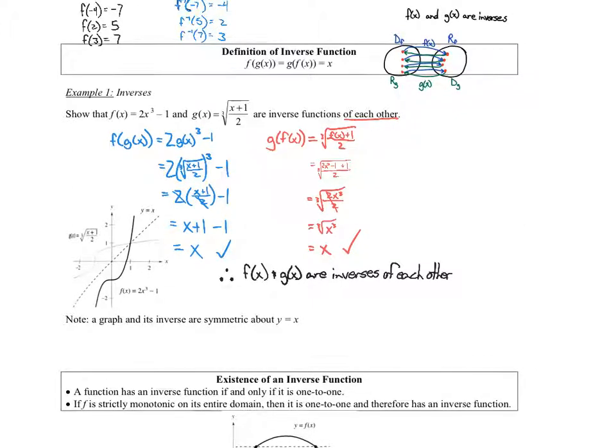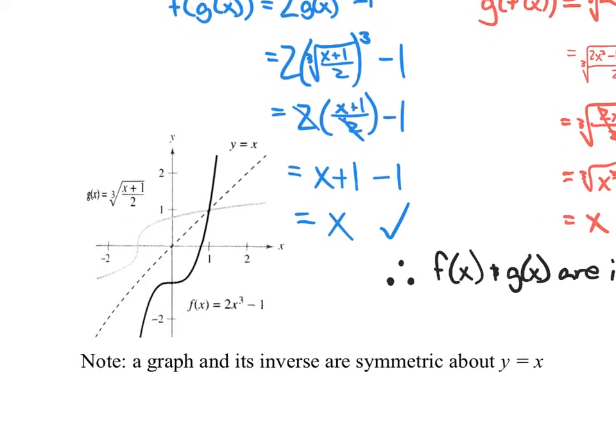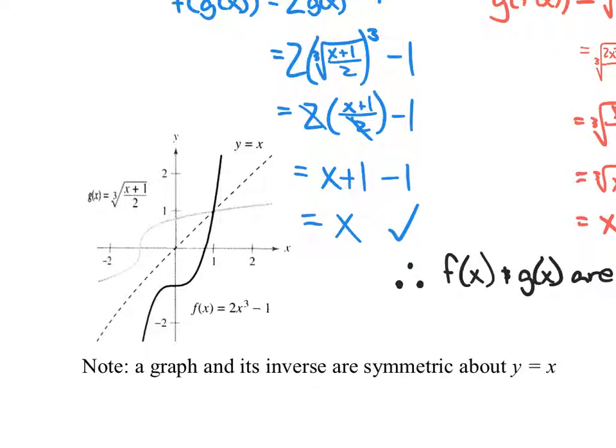Now, one thing to remember here, looking at the graph, is notice that the graph of a function and its inverse will be a reflection across the line y equals x. Okay, so we have this line y equals x right here. And we have the function f of x, that's this one right here.